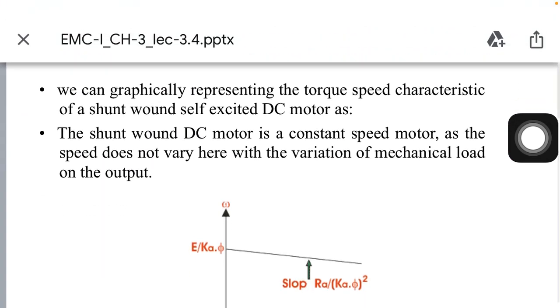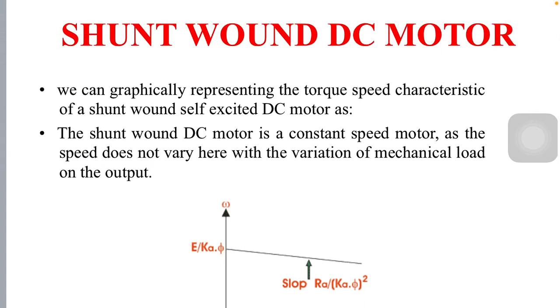Now how is the shunt motor characterized? We always study the characteristics. The characteristics define what happens with current, voltage, torque and speed under different conditions at different points of time.